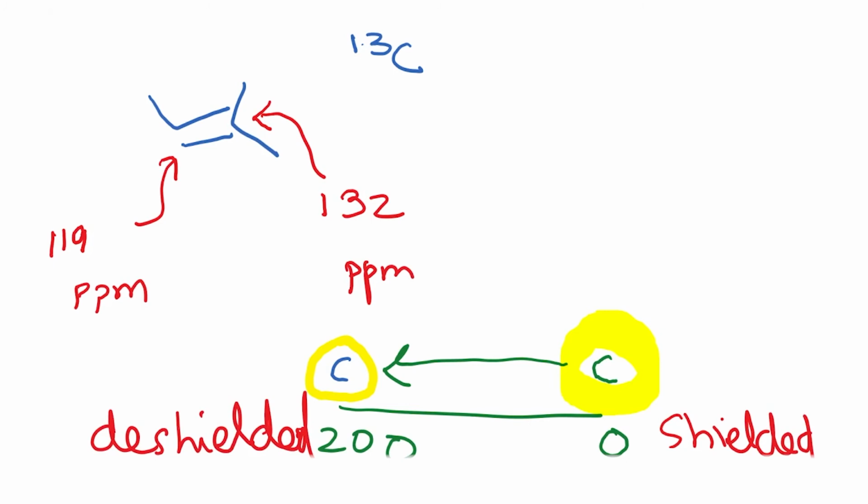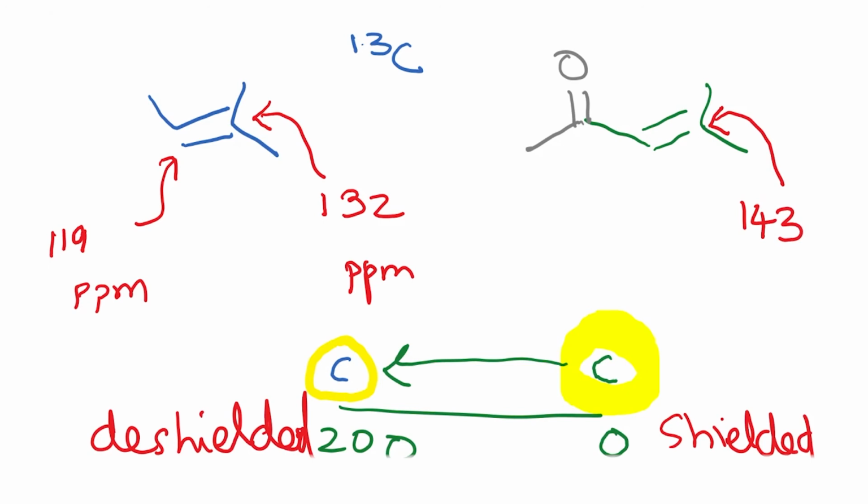Nevertheless, coming back to these compounds, if we look at the same framework, the only difference is I'm adding a C double bond O instead of a methyl group, I'm adding a carbonyl compound. So this carbon shows up at 143, whereas this carbon shows up at 124. These values are ppm again.